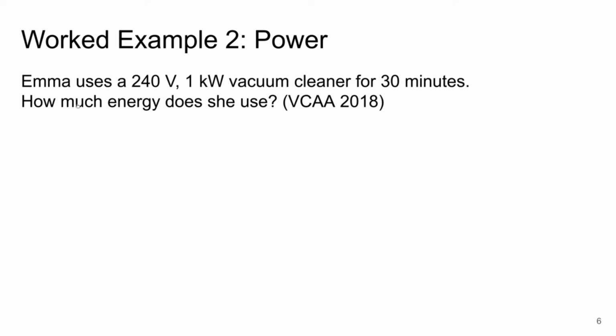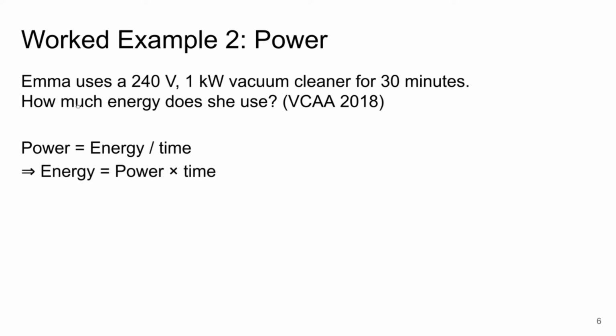The question is, how much energy does she use in these 30 minutes? We know that power equals energy divided by time. Therefore, energy is equal to power multiplied by time. And we know what the power is. That's 1000 watts or 1 kilowatt.